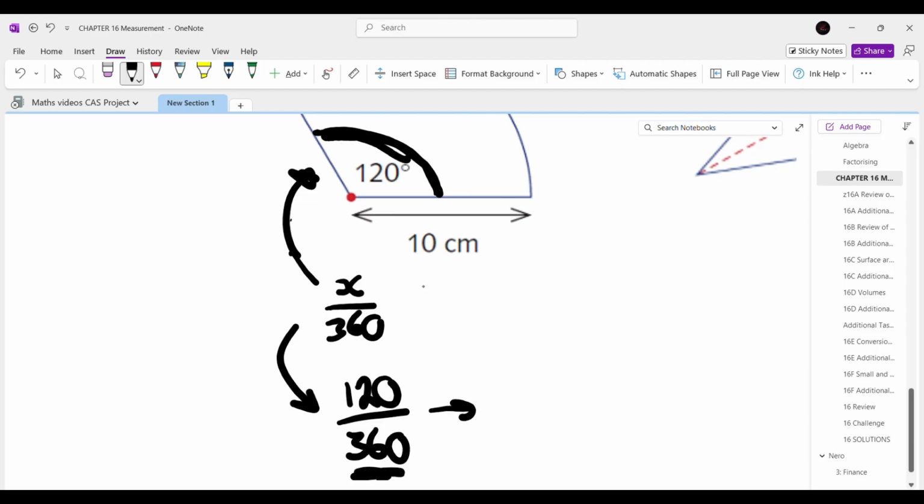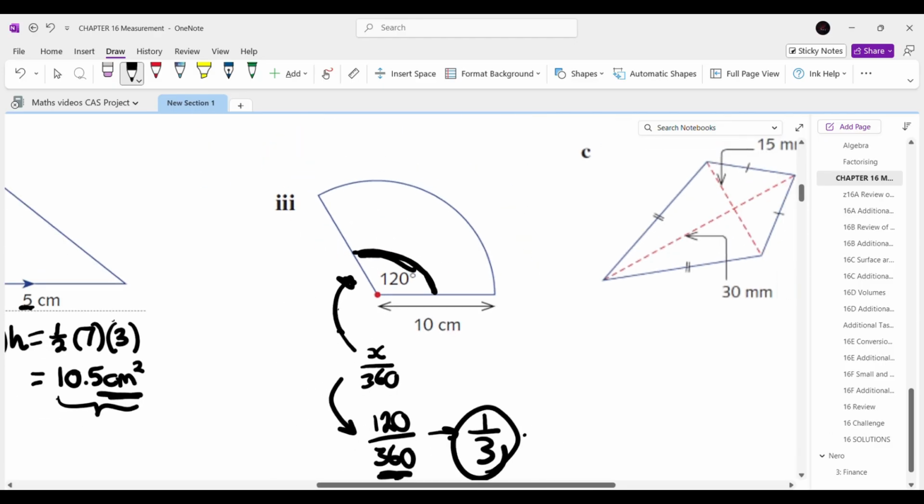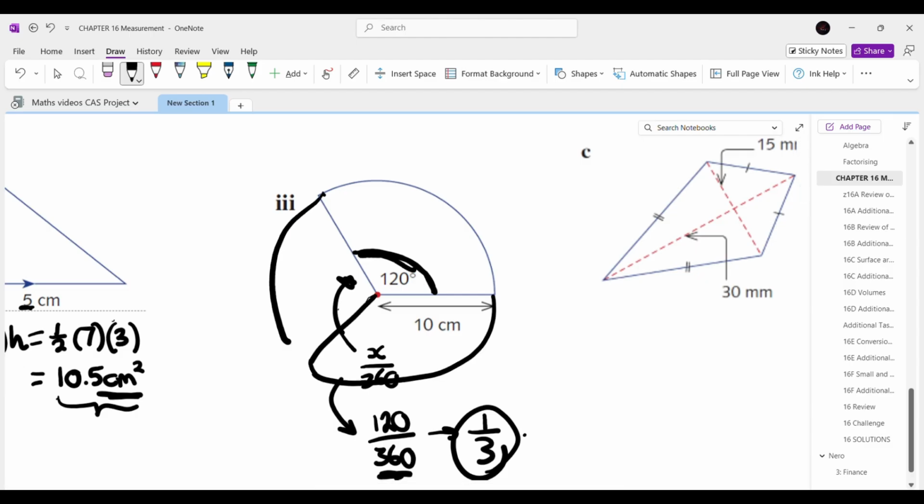This means we simplify this down, we have 1/3. And basically what we're saying is that we have 1/3 of a circle, because if you multiplied this area by 3 and you turned it around, as you can see like this, you'd have a full circle, where it would be our formula of pi r squared.